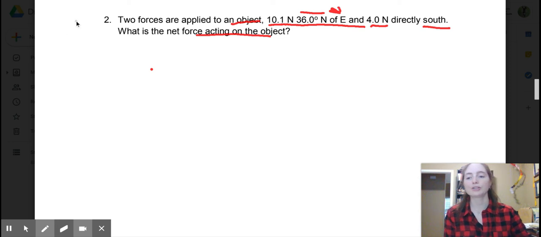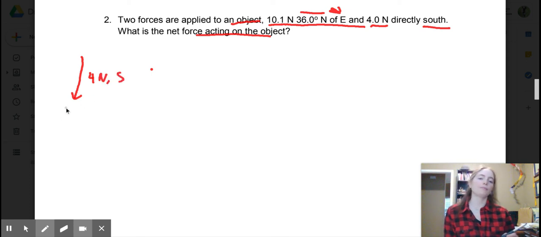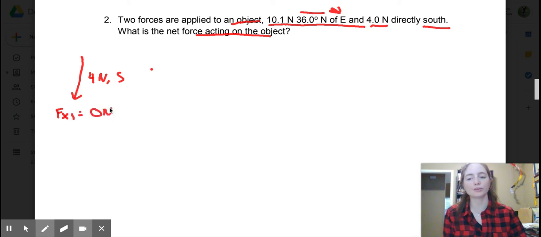Okay, so I'm going to start with the easy one. I'm going to start with my vector 1, which I'm going to decide is going to be this guy. So here we're going for 4 Newtons south. Because I have north and I have south, so when you look at this, we've got north of east, I'm going to make south negative and I'm going to make north positive. So my force on the x for force number 1 is going to be 0 newtons.